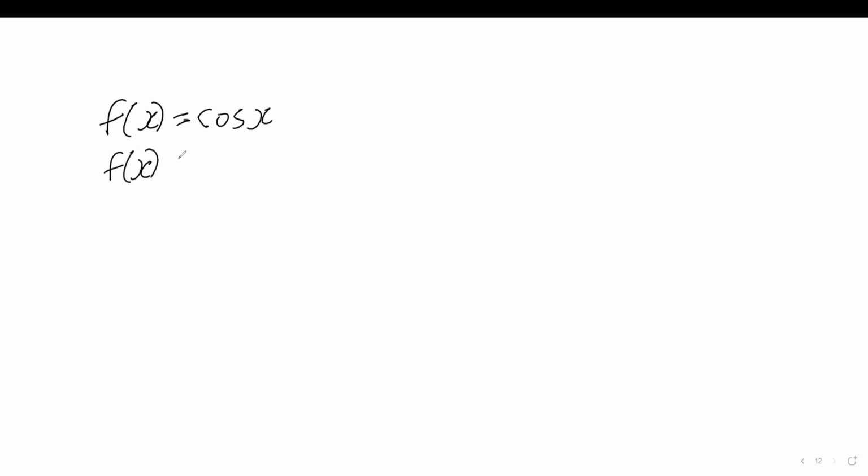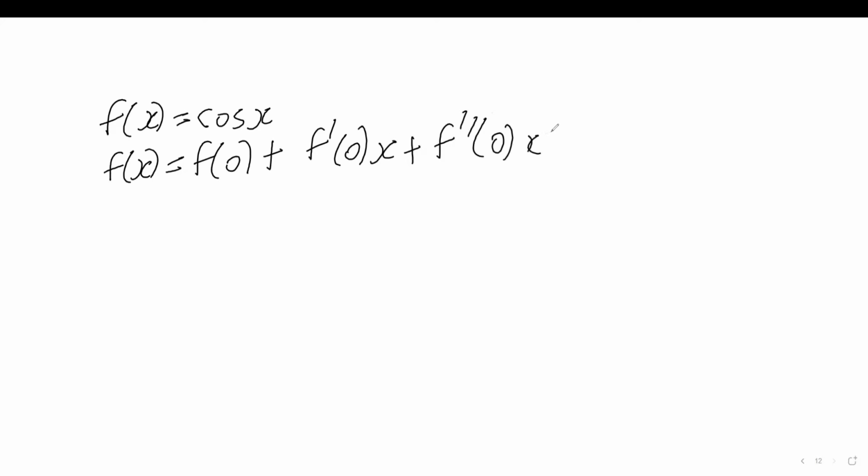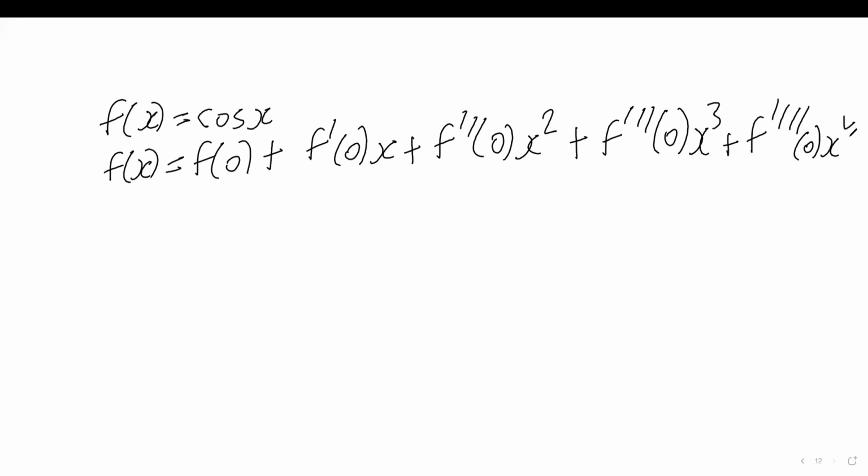So remember that f of x is equal to f of 0 plus f prime of 0 times x plus f double prime of 0 times x squared plus f triple prime of 0 times x cubed plus f fourth derivative of 0 times x to the 4.